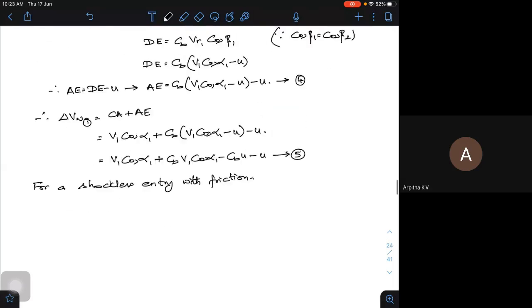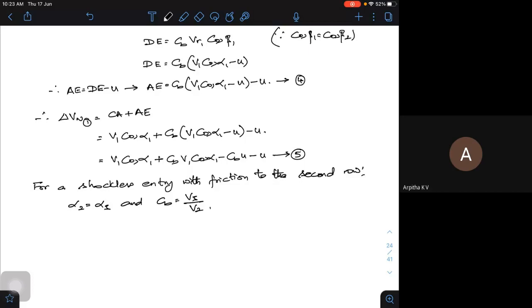For a shockless entry with friction to the second row, alpha 2 is equal to alpha 3. These are the conditions, that is, alpha 2 is equal to alpha 3 and your CB is equal to V3 by V2. This condition it has to satisfy.